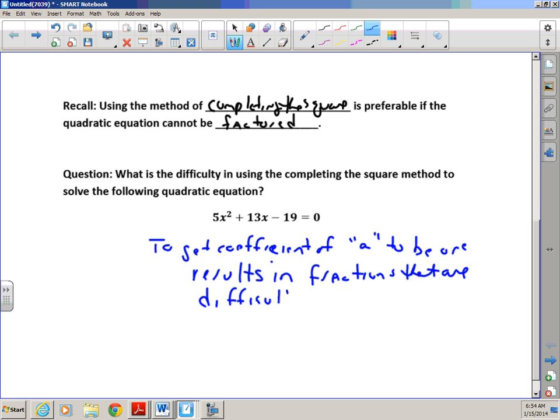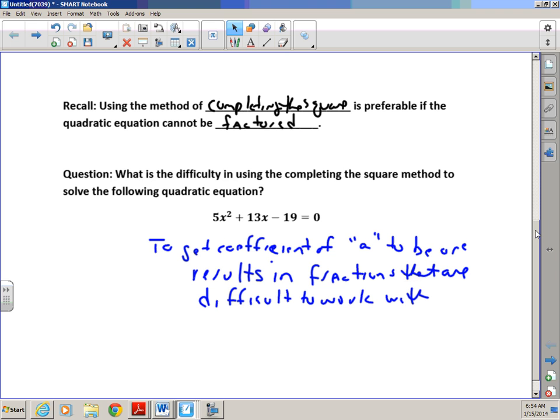So in other words, I would have to divide everything by 5, and now I'm going to be dealing with 13/5 and 19/5, and now I've got to take half of 13/5 and square that. Not that it's impossible, but it's a mess.